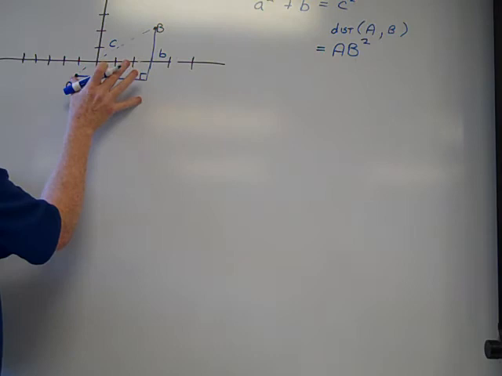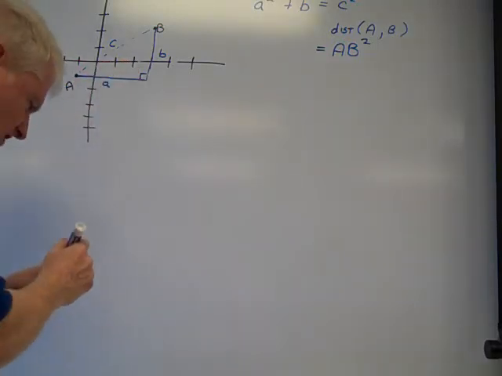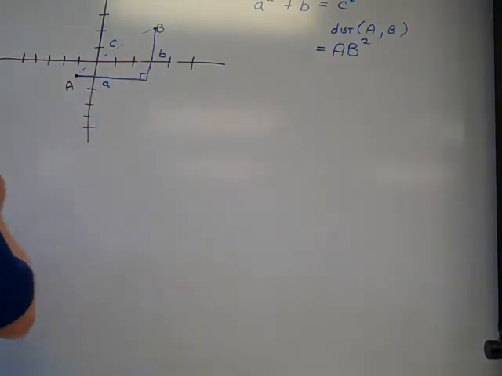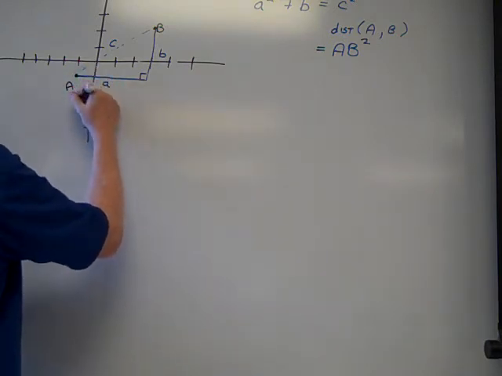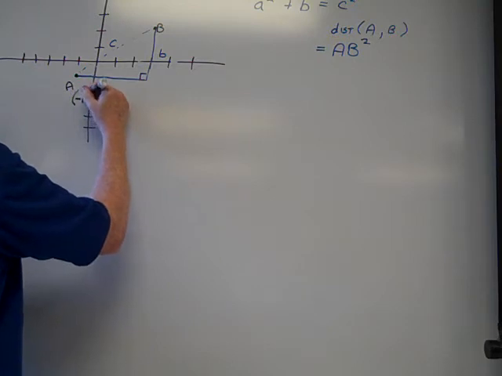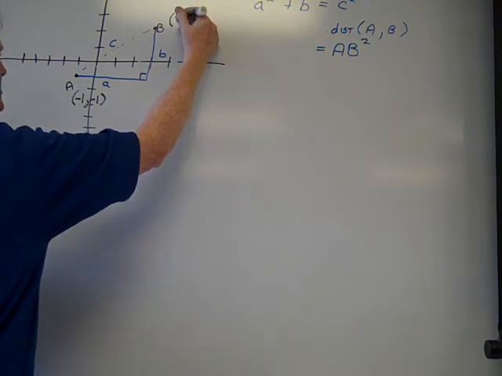Namely, it's a squared. Well, what a is, it turns out, is just the difference in the x values of these 2 points. So we give them coordinate names just to be generic. Okay, well, let's stick with real numbers here. So this is -1, -1, and this point here is 3, 2.